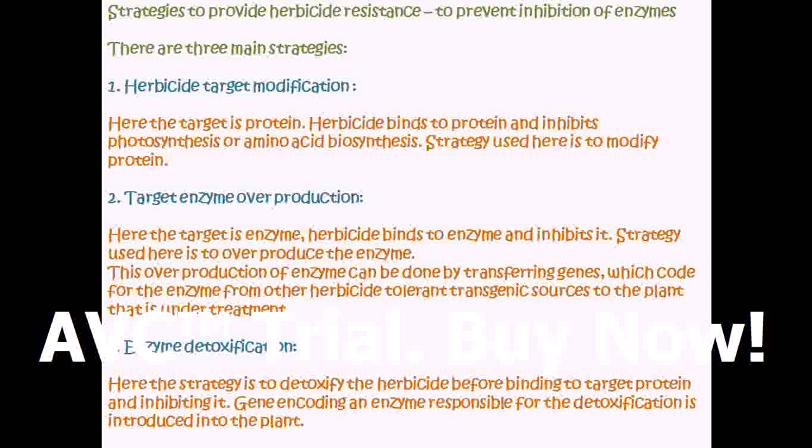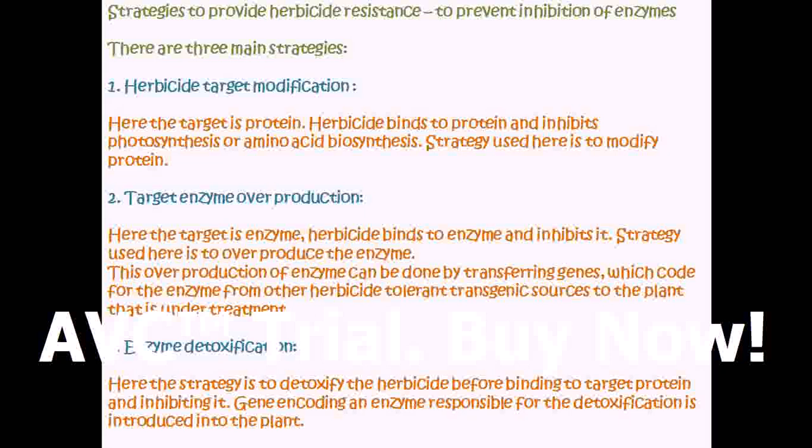The next strategy is enzyme detoxification, which means we are detoxifying the herbicide by using a certain enzyme. Here you can see that all these three strategies are mainly involved with enzymes.